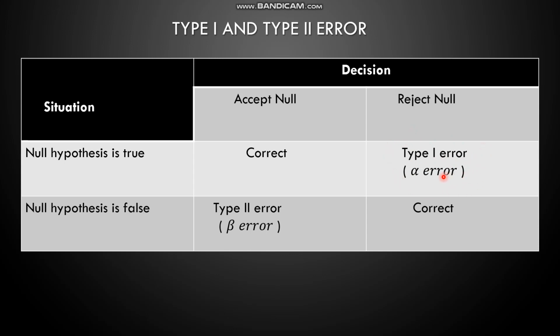And type 1 error is denoted by alpha. Next is the situation where null hypothesis is false and our decision is we are rejecting the null hypothesis. That is correct. But when the null hypothesis is false and we are accepting the null hypothesis, that becomes type 2 error, and that is denoted by beta.